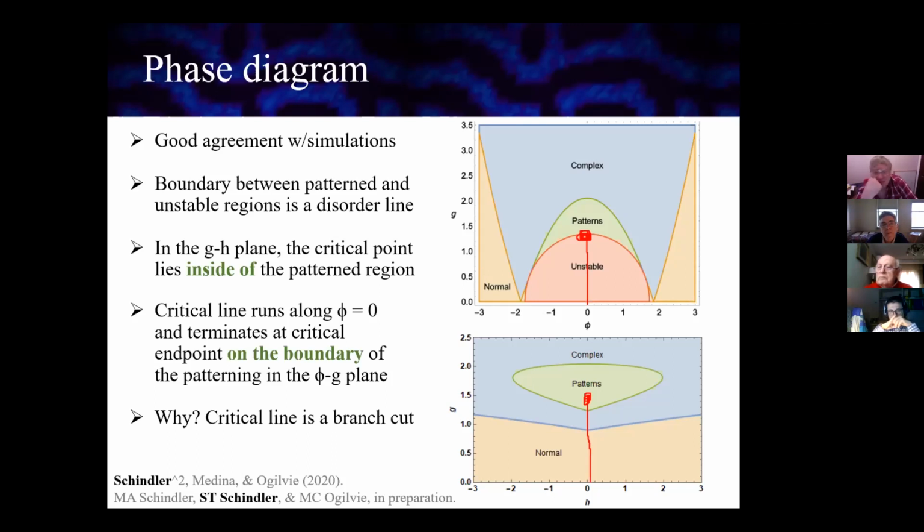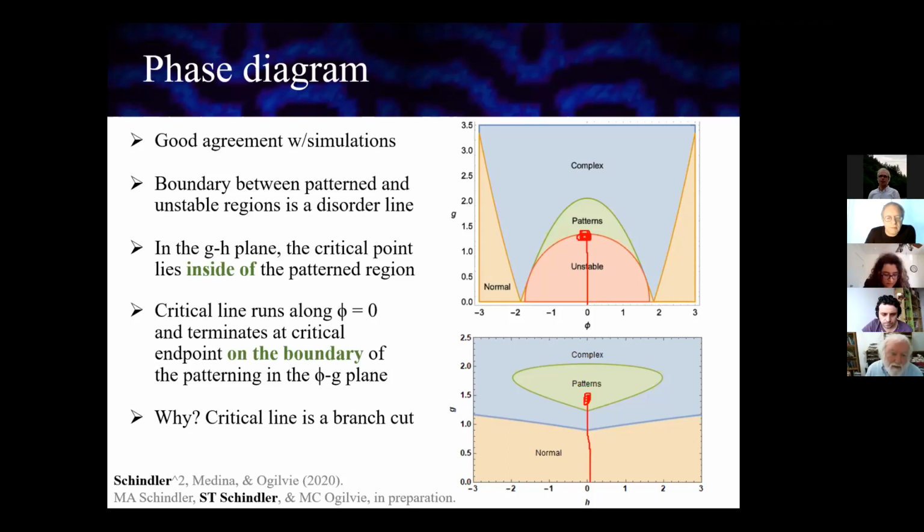That tells you that this model is actually a function only of G squared, because the effective model only depends on G squared. So then the question is, what happens when you analytically continue G squared to negative values?